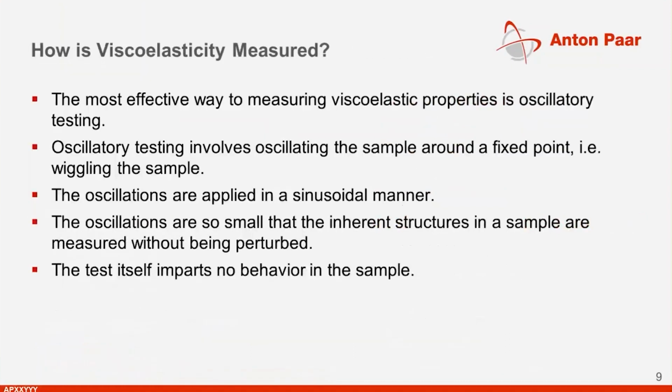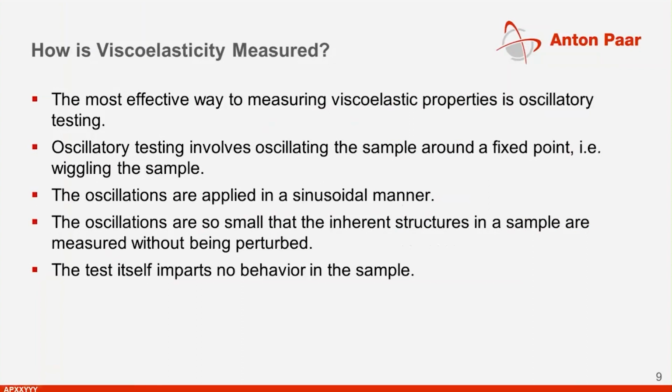So how is viscoelasticity measured? We are using oscillatory measurements for this, where the upper plate is not rotating, but oscillating around a fixed point. The oscillations are applied in a sinusoidal manner, where the oscillations are so small that in the ideal case, the inner structure of the sample is not changing.